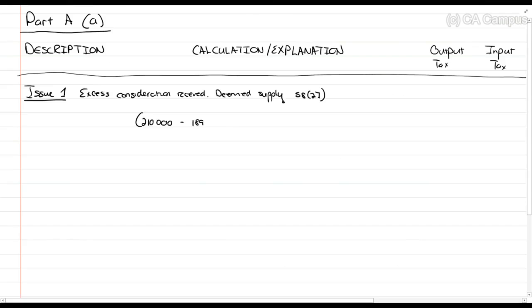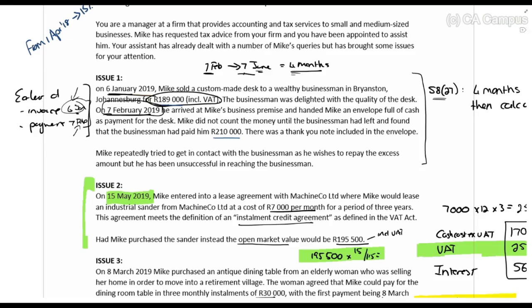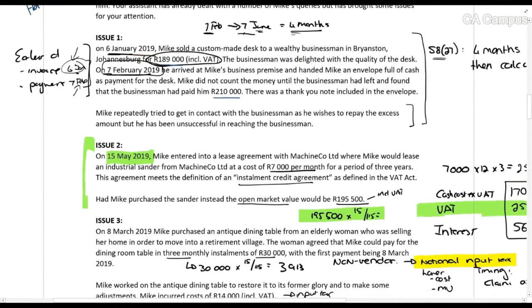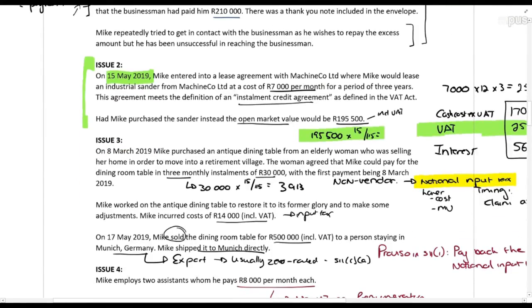Yes, 189,000. So that's the excess portion, and now you calculate it as if that was an amount received including VAT. Okay, so output tax, guys, make sure you see that. Issue 1. Issue 2, so remember also if he later on repays it, does manage to repay it, then he can claim that amount back as input tax.